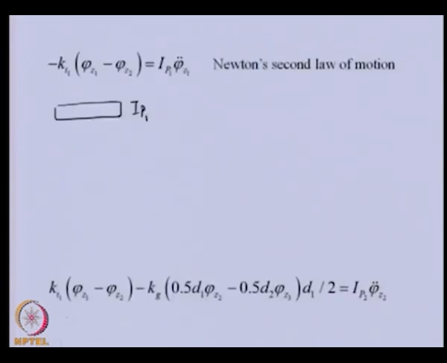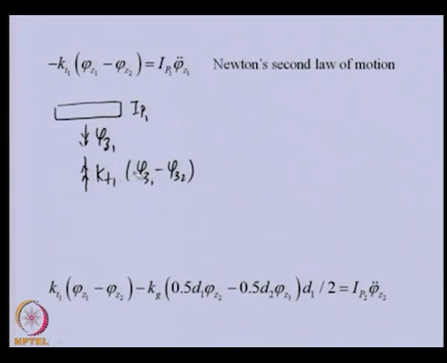So, in this particular case, if I am considering the angular displacement of this as positive in this direction, there will be a reaction torque from the shaft, which will be given as this. Now, you can see this is the only torque which is acting on this.